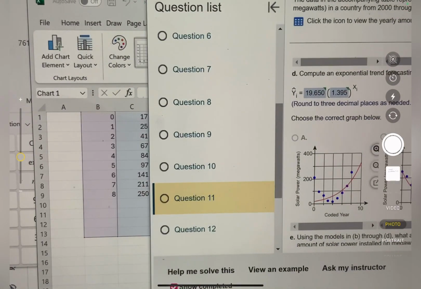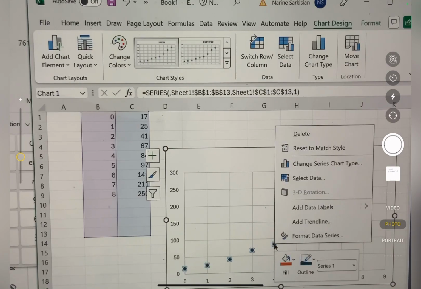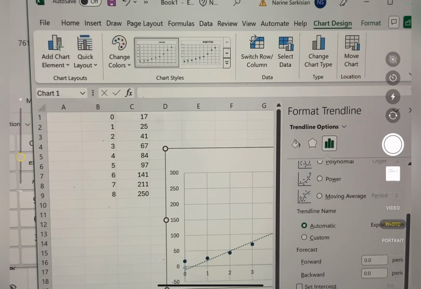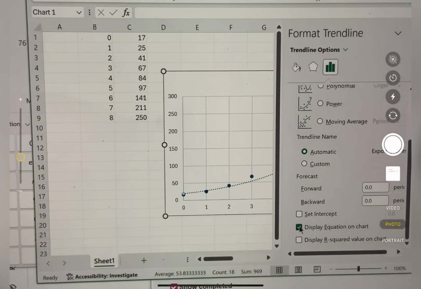Yes. So I'm going to click and add trend. It's exponential, and I want display equation on the chart. Let me move up so you can see. Here, display equation on the chart, and close it.